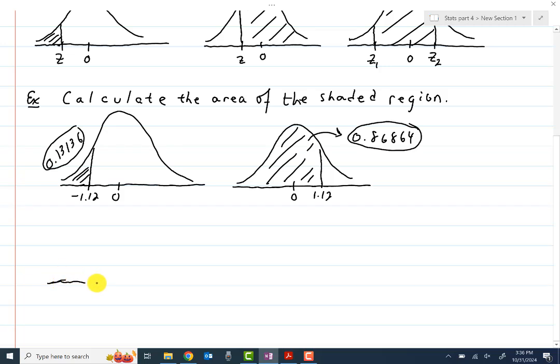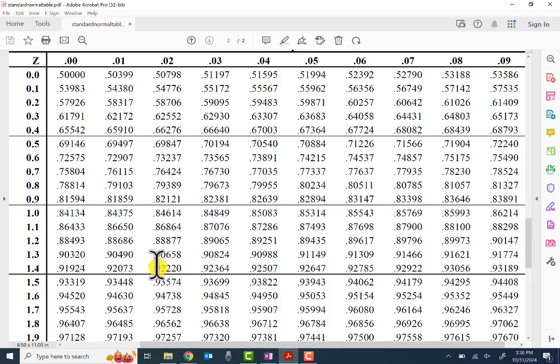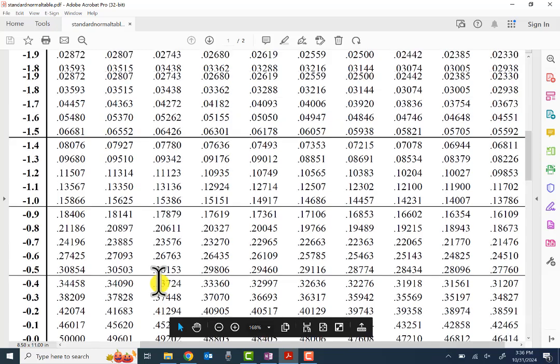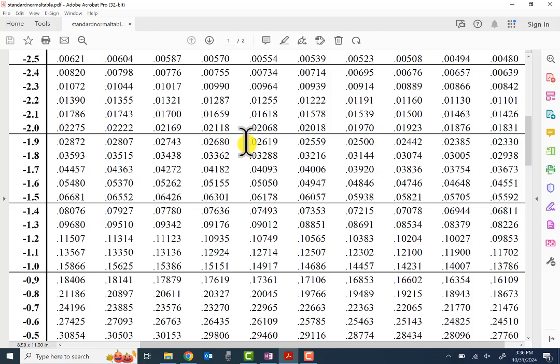Next, on another type that you could encounter, let's put negative 1.95 here, and then shade this region. So shading to the right is a little bit different. Now what we always have done is we found the area in there. So let me go find the area to the left of negative 1.95. See, 0, 1, 2, 3, 4, 5.